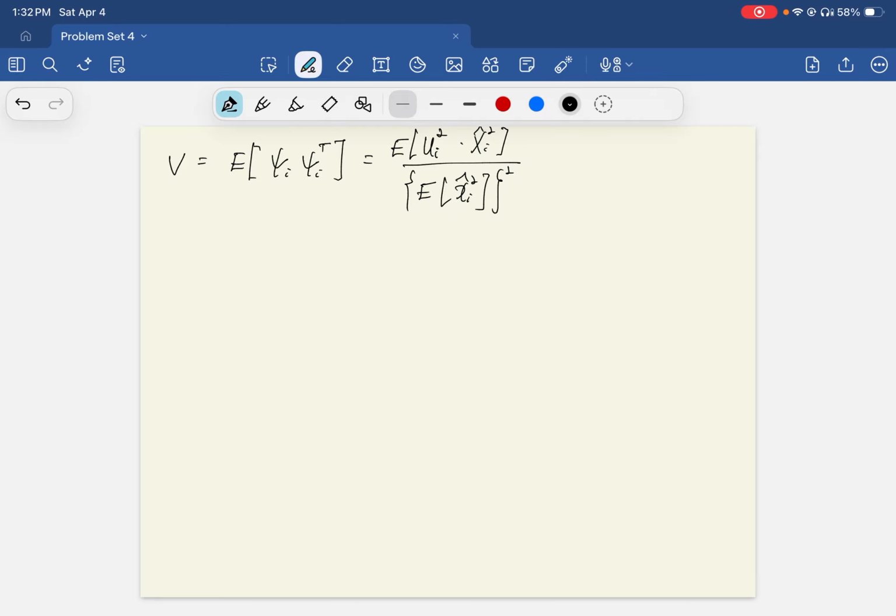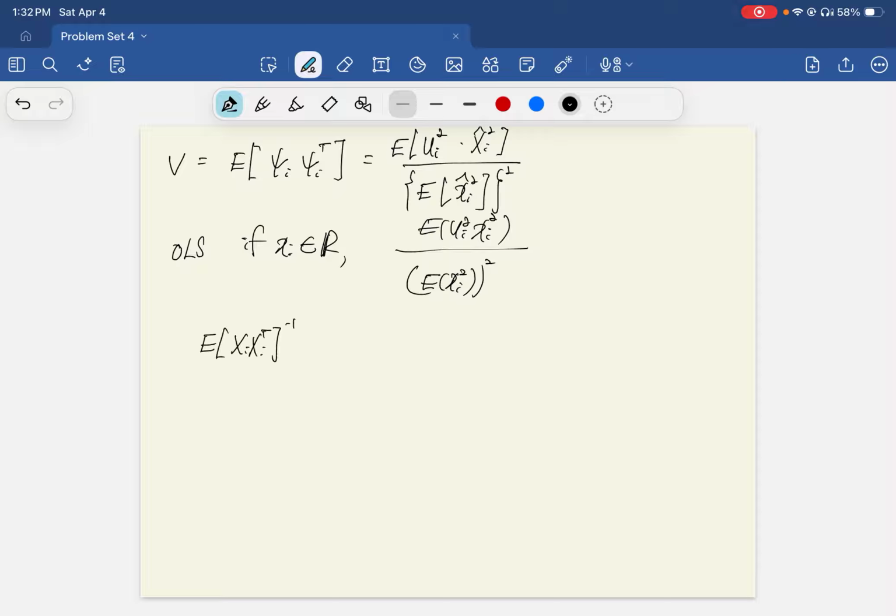Okay, as you see, remember OLS, if x is scalar, then OLS variance was exactly this guy. Okay, in other words, like in vector form, the OLS sandwich formula looked like this, right?